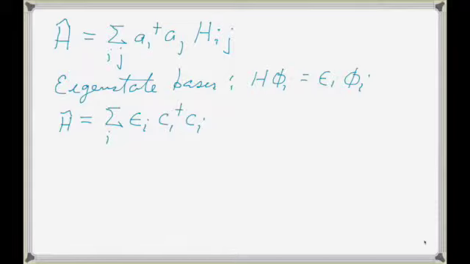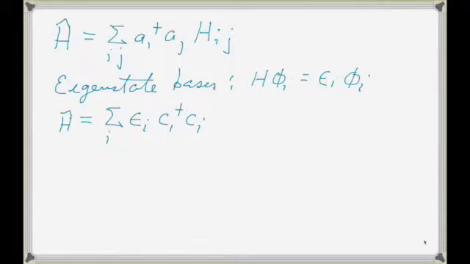And so c_i dagger c_i just tells you whether there's an electron in state i or not. So this looks pretty simple. If there's an electron there, it's 1, if not it's 0, weighted by the energy corresponding to that eigenstate, and so you get the total energy of your system, right?